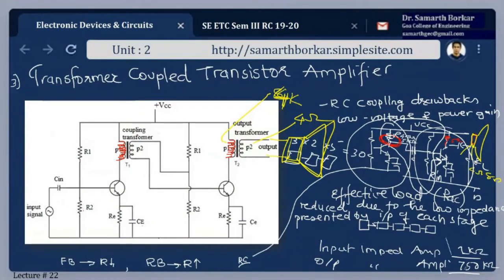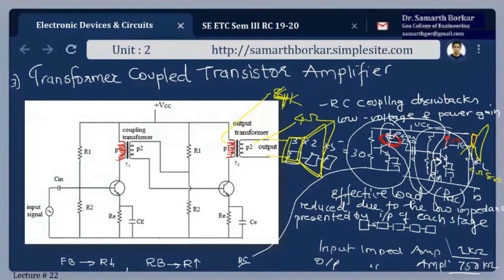Why? The simple reason is we always take the base emitter as forward biased. Forward biased means it has to conduct easily, and it conducts easily only when the resistance is less. So the next stage offers very little resistance, and then the effective load is reduced.